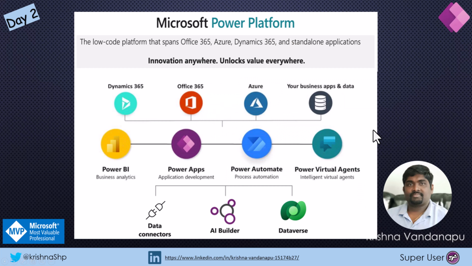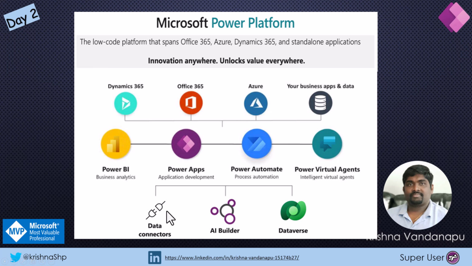Okay, so in this, Power Platform looks like this. If you notice, the lowest layer is the base layer, which acts as the spine for the environment. In this, we have first data connectors, AI Builder, and Dataverse. I repeat, data connectors, AI Builder, and Dataverse.